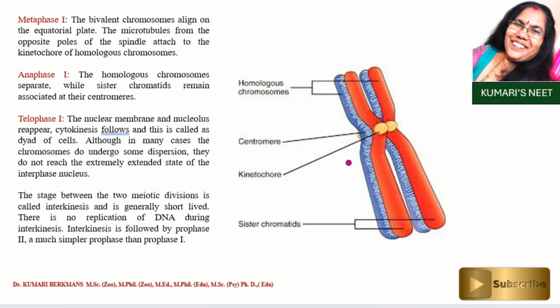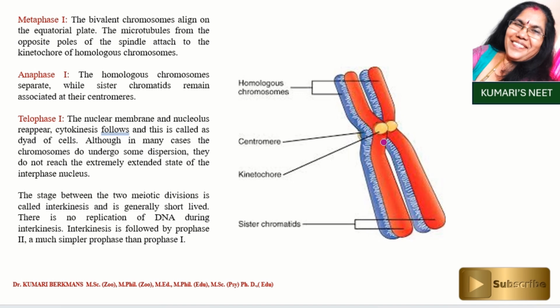See, I told you about the homologous chromosome, right? Just imagine this chromosome is from the mother and this chromosome, the blue color chromosome, is from the father. Can you see this? The structure as well as the shape are the same, isn't it? The size as well as the structure are the same.